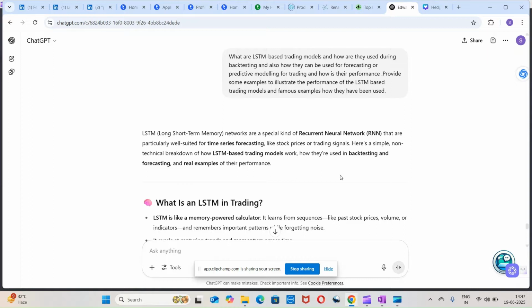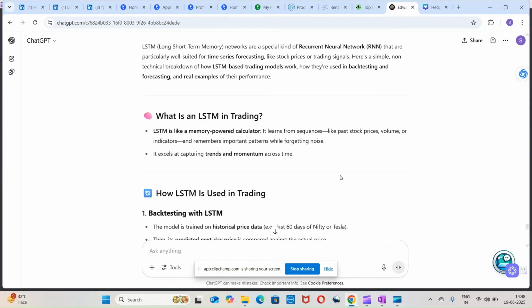Okay, so what is an LSTM model? LSTM stands for long short-term memory networks, and they are a special kind of recurrent neural network. These LSTM models are well suited for time series forecasting on stock prices and for generating trading signals. It acts like a memory-powered calculator, and it can learn from sequences in the data.